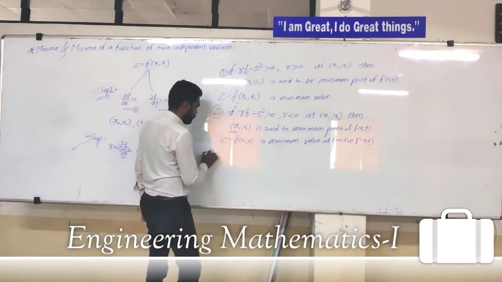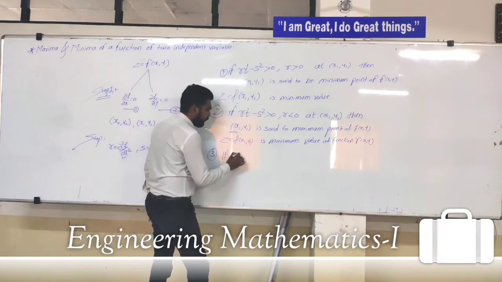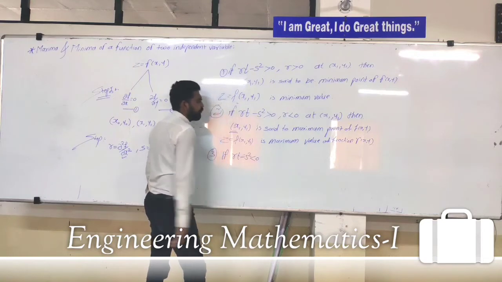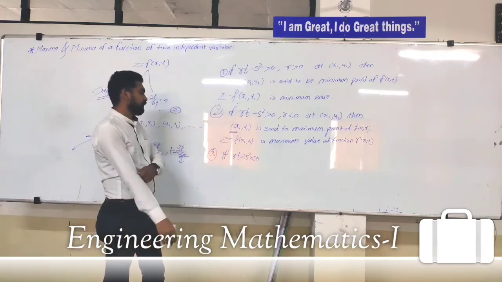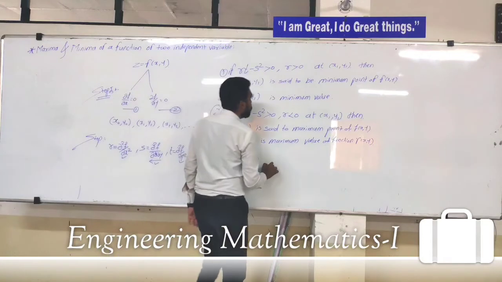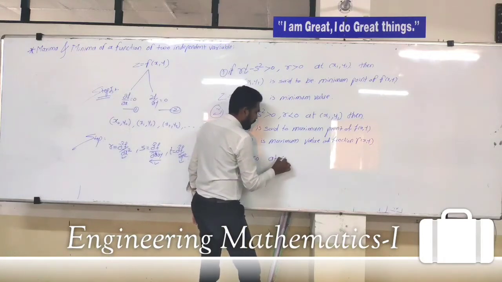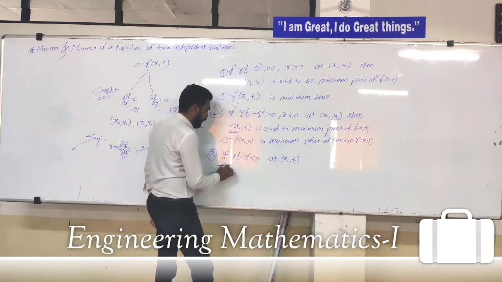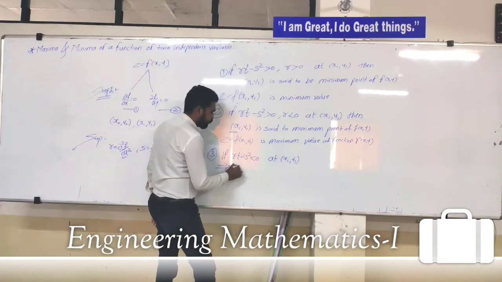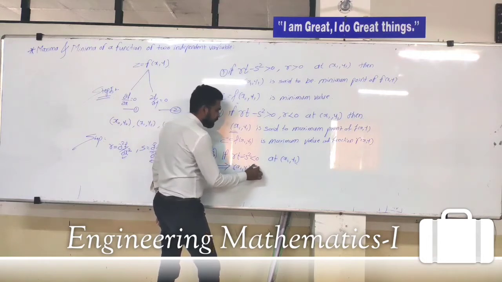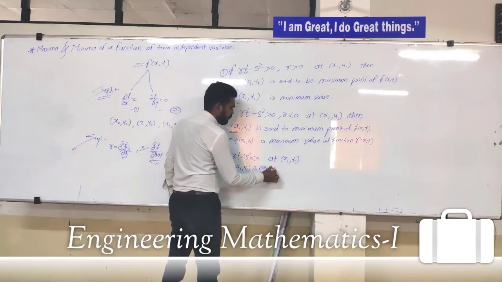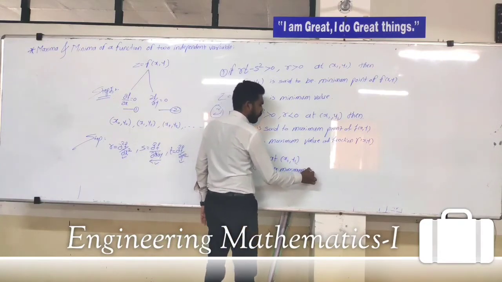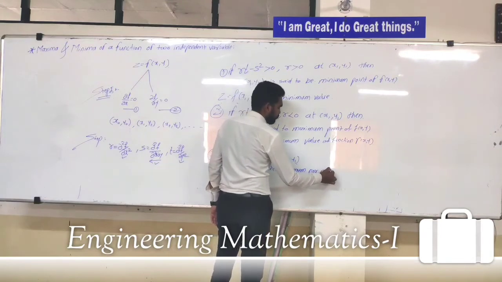Next, third condition. If rt minus s square is less than 0 at x1, y1, then this implies that x1, y1 is neither maximum nor minimum.